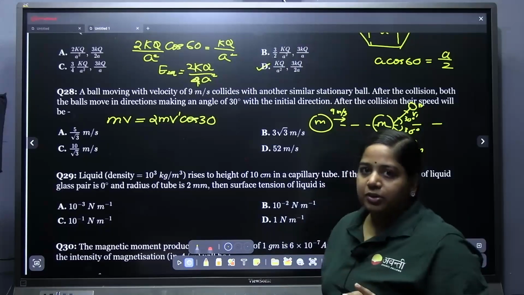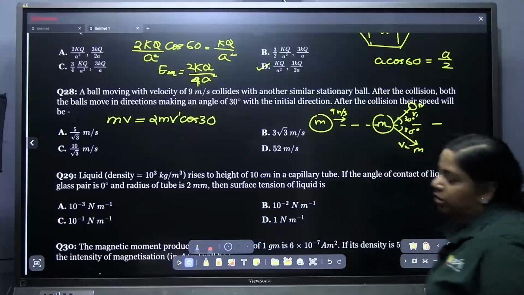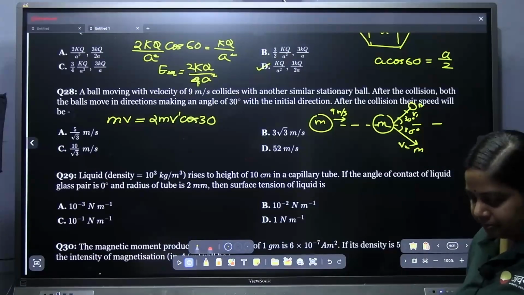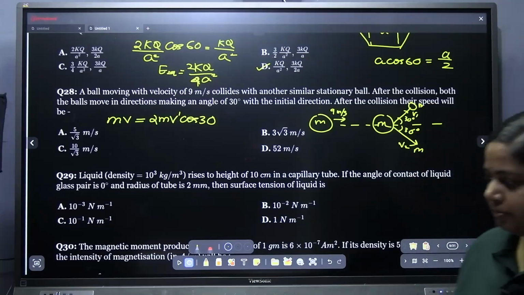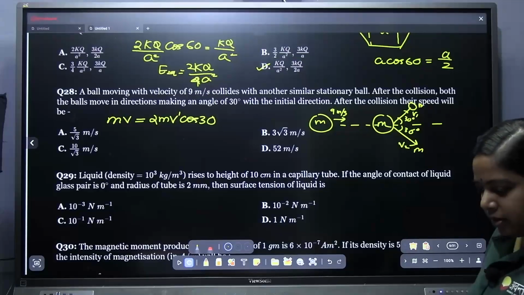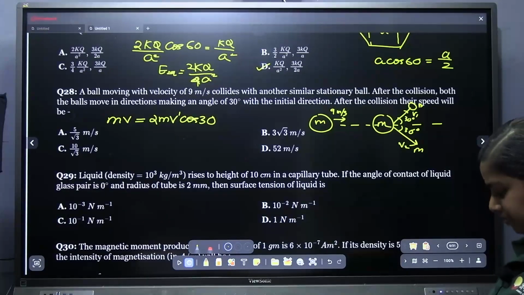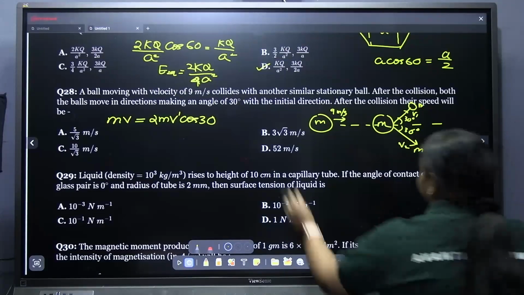Both will have same velocity in that way. Substitute the values, you will get the answer. What will be v dash? So answer is option B, 3√3.